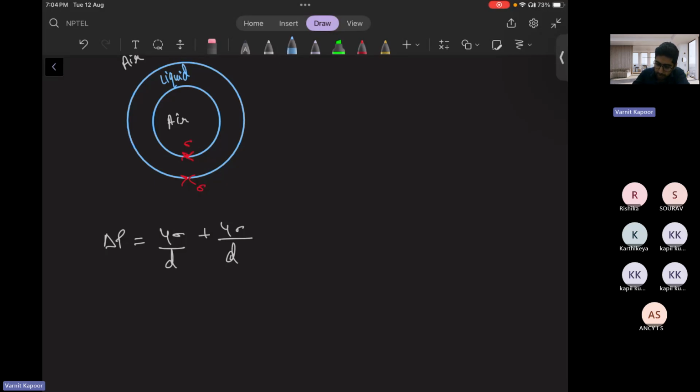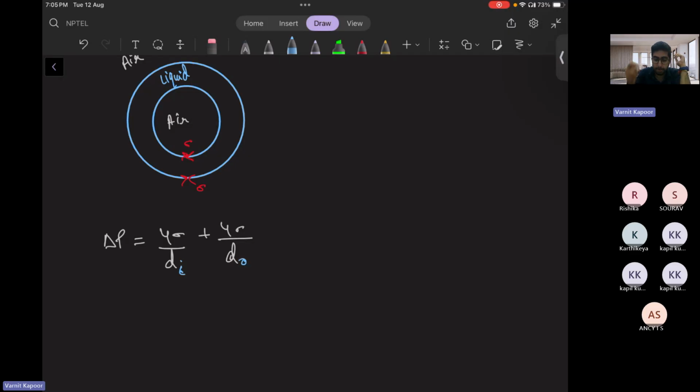You might think that the inside diameter and outside diameter will be different. It is not a thick air bubble. It is very thin, so the diameter eventually is the same. That's why we take d. But if the examiner has asked for the inner diameter and outer diameter separately, then you have to write that specifically: inner diameter 4 sigma by di and outer 4 sigma by d naught.